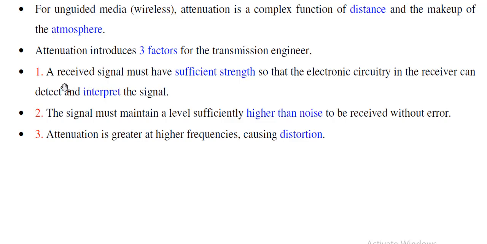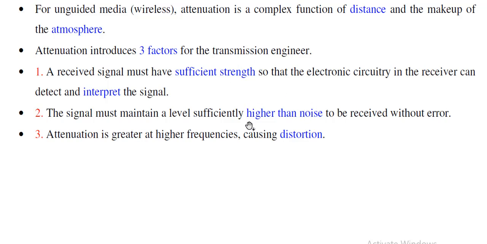First, when engineers install antennas, they need to make sure that they have sufficient strength to send a signal from the sender till the receiver. So because it will get attenuated, we need to have sufficient strength, and generally it is done through experimentation.